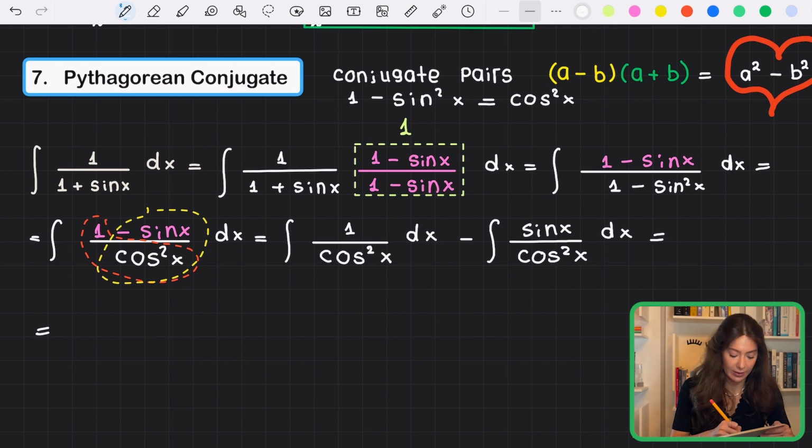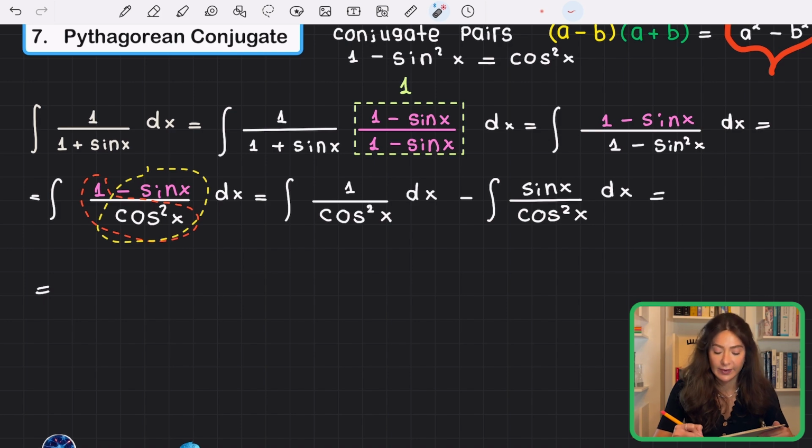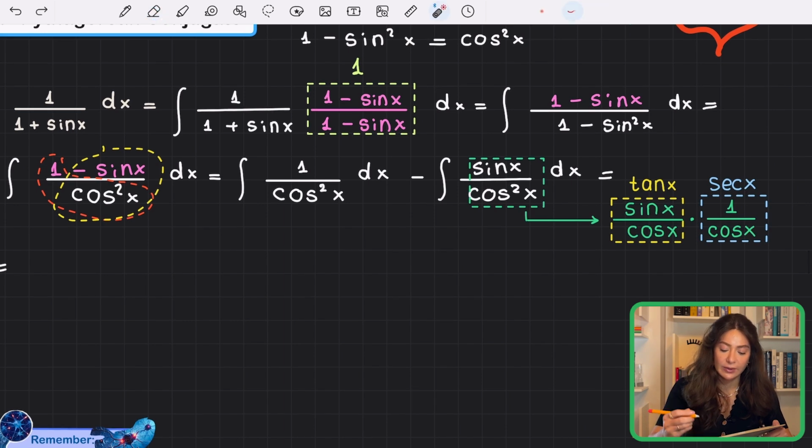Am I getting ahead of myself? Probably, but I'm getting quite excited. So this one we solved, because this is secant squared x. But this one is interesting. Okay, follow this logic. You have sine x over cosine squared x.